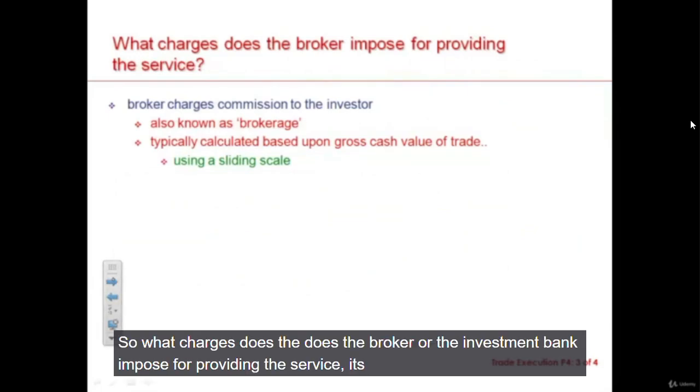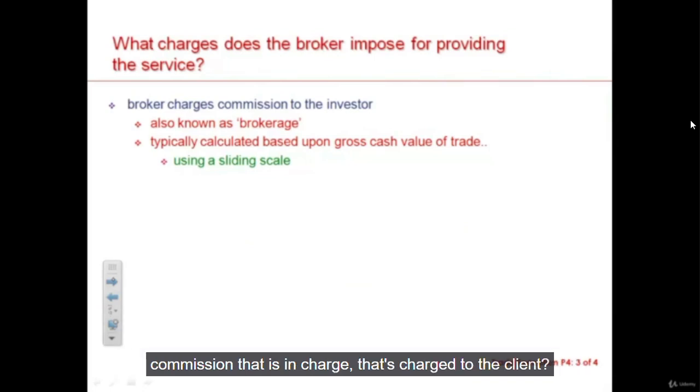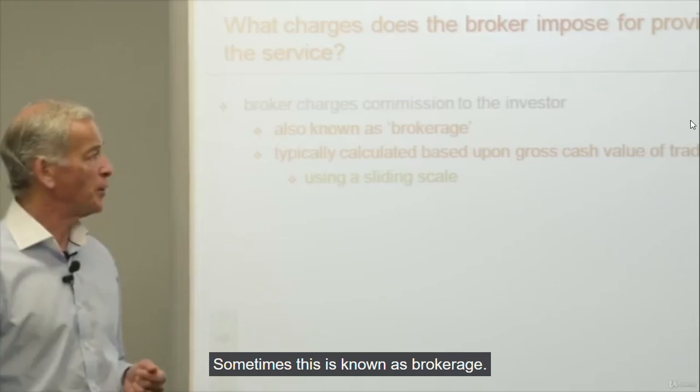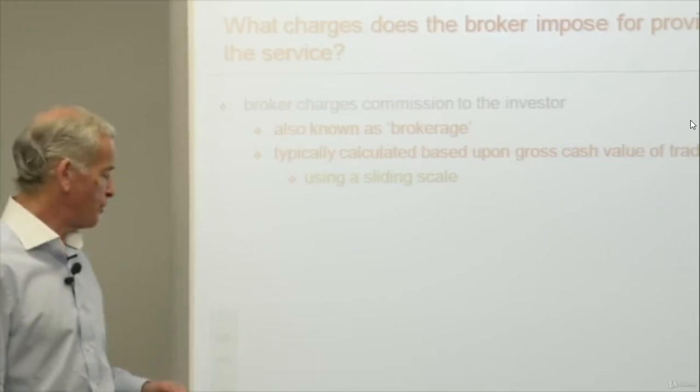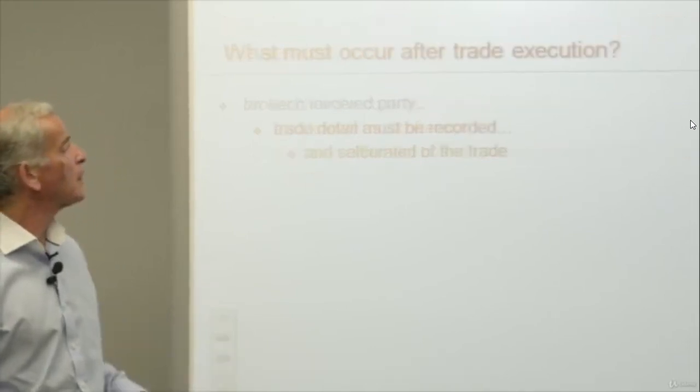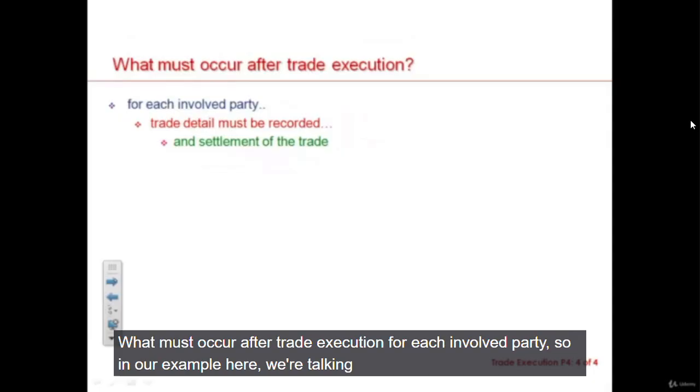So what charges does the broker or the investment bank impose for providing the service? It's commission that is charged to the client. So in other words, to the organisation that requires the service. Sometimes this is known as brokerage. What must occur after trade execution for each involved party?